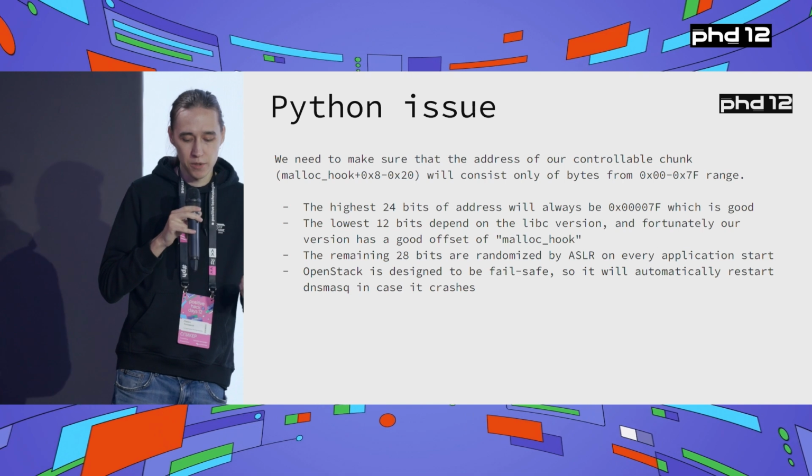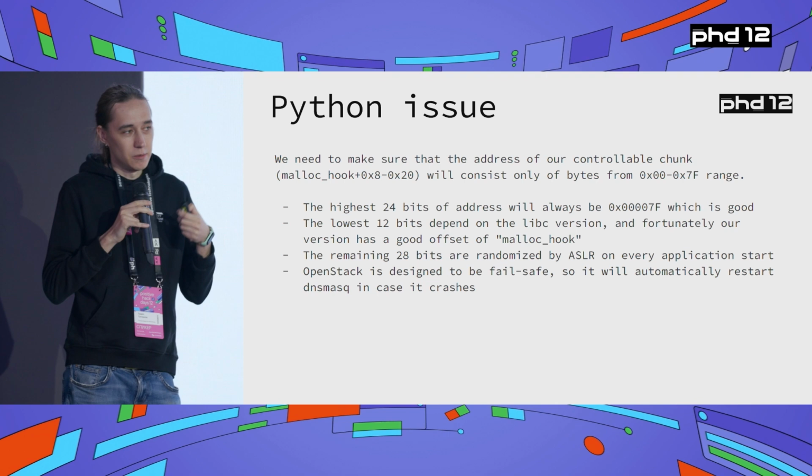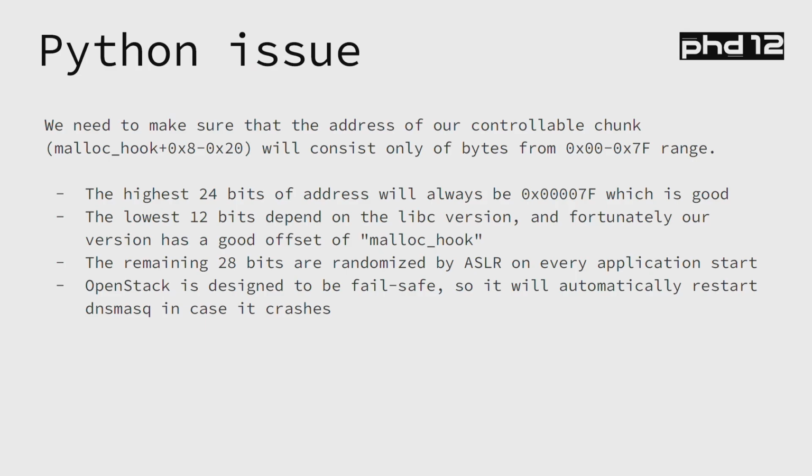We want to make sure the address of the controllable chunk consists only of specific bytes, so we can put there pointers to system and our line of code. I'm actually using the same chunk of memory here to keep this slide tidy, but it could be any other one, really, as long as we know where it sits.